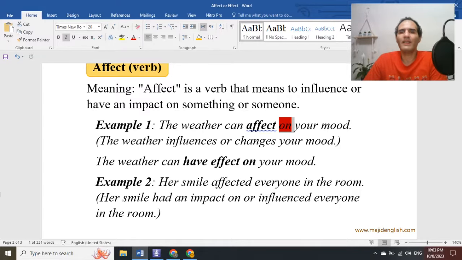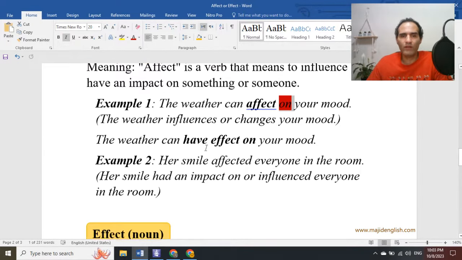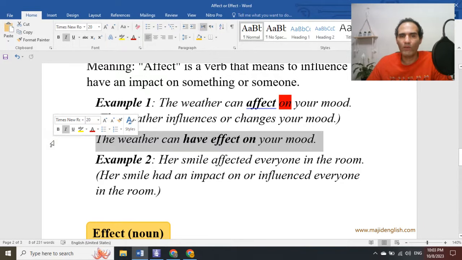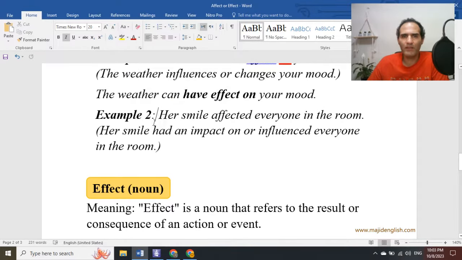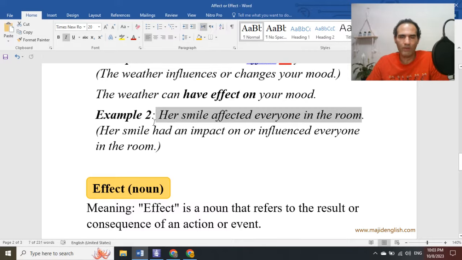The weather can affect your mood. If you want to say that with the noun, it will be: the weather can have effect on, or can have effects on your mood. That is a noun, that one is a verb. And the second example is: her smile affected everyone in the room.